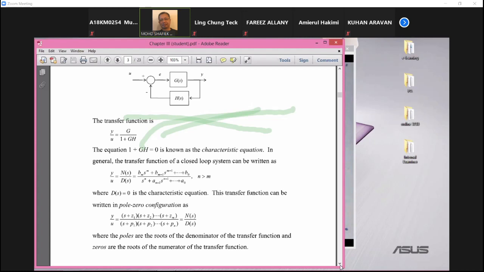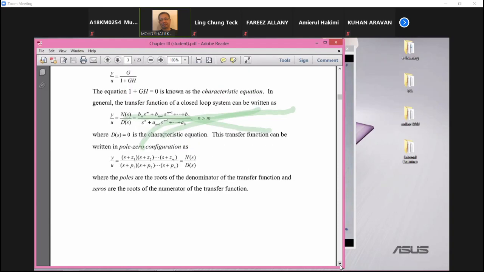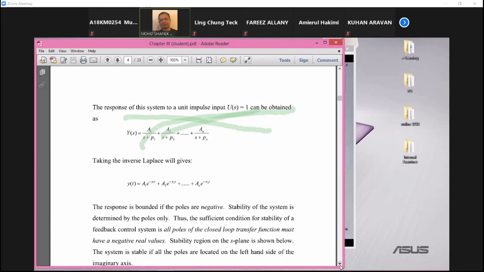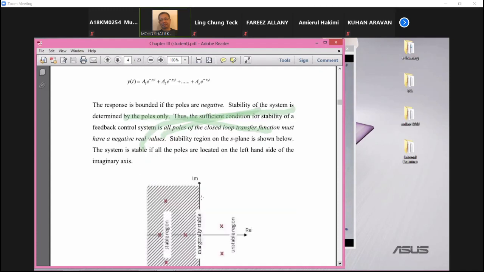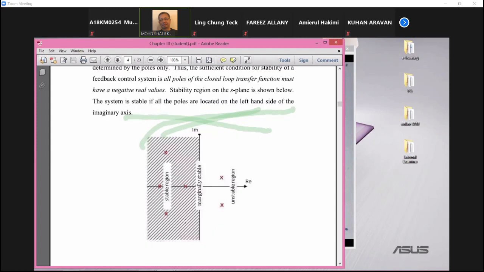So we can see the region for a stable system and the region for an unstable system on the complex plane. If you plot all the roots of the characteristic equation, but by the way, what are the roots of an equation?